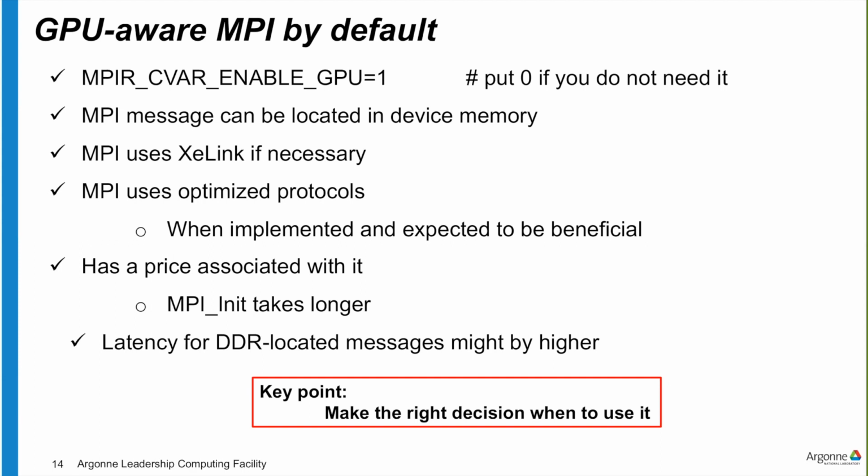GPU itself does not communicate. The MPI calls should be called from the host. The MPI process is located on the host and executed on the host.